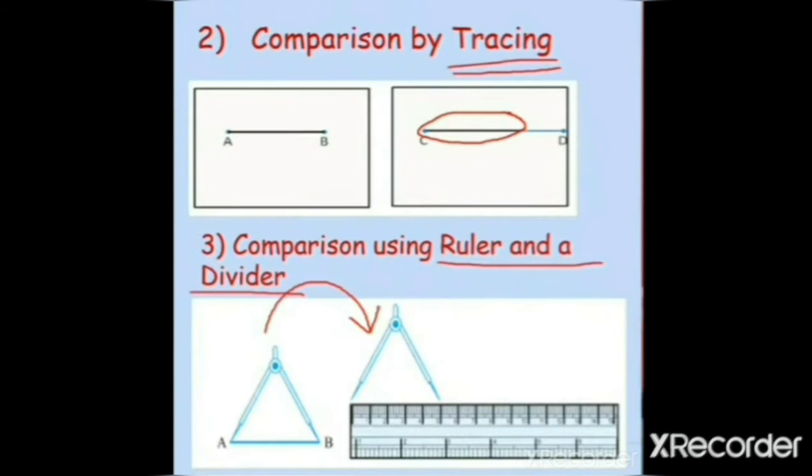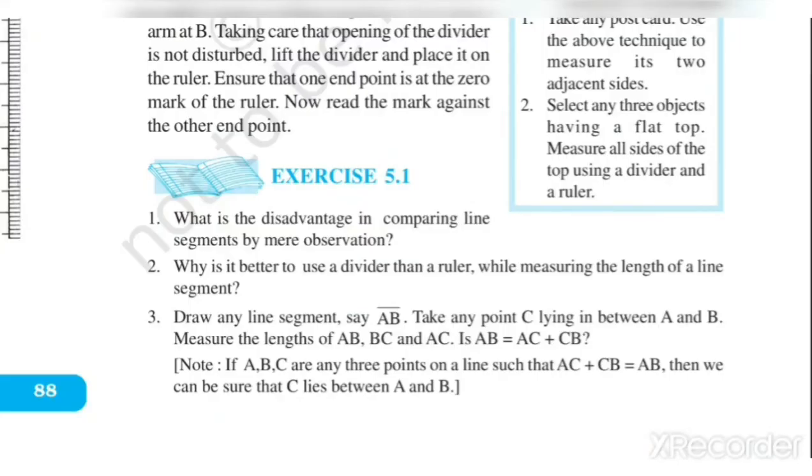Now let us solve exercise 5.1. Exercise 5.1. Question 1. What is the disadvantage in comparing line segments by mere observation? We have already discussed it. If we compare line segment by observation, we may be wrong.